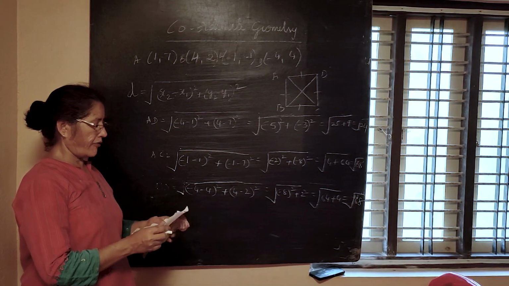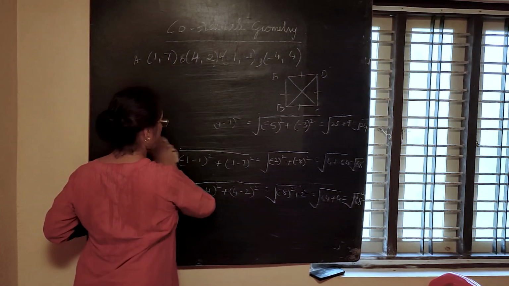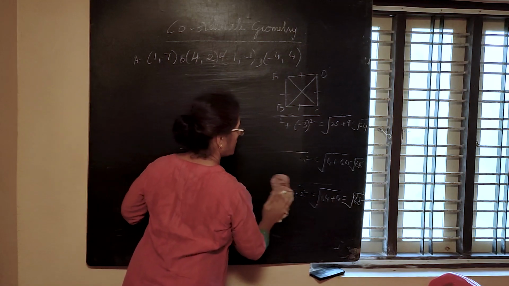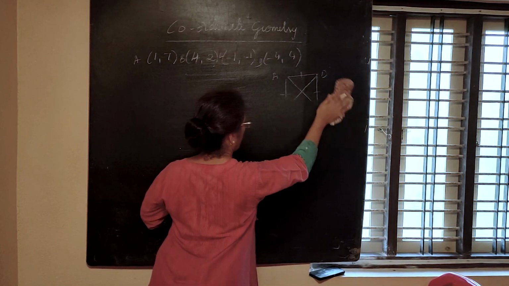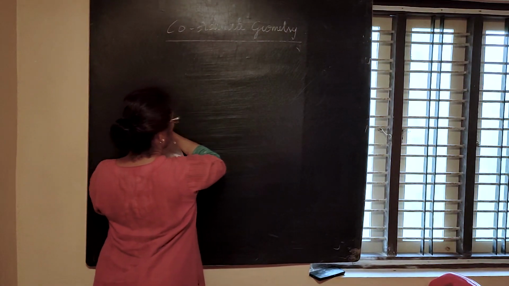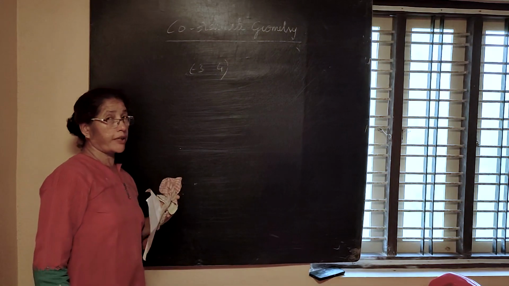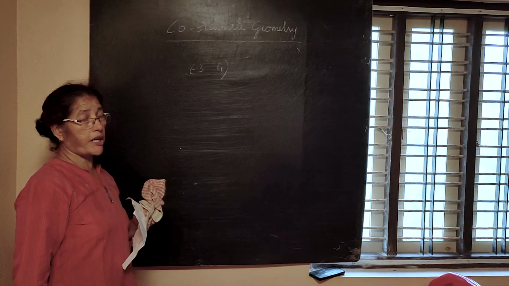Now, my third question is, what is the distance between the origin and the point minus 3, 4? What is the formula to find the distance between the origin and a point?